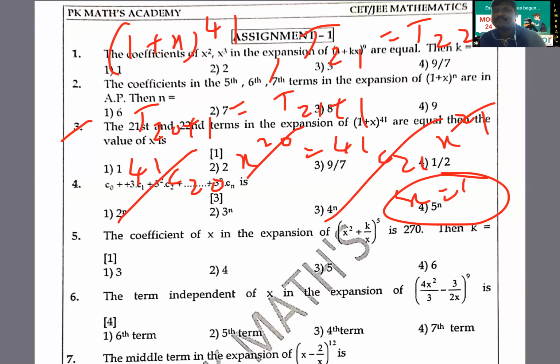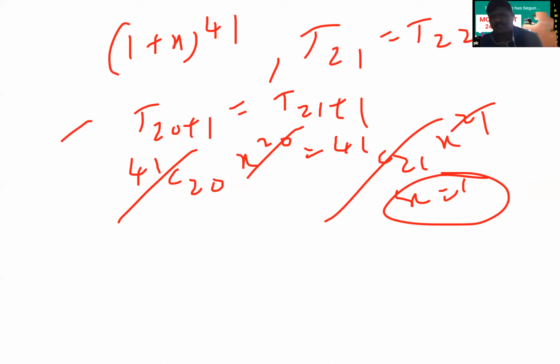Which option? First option. Correct? How did I cancel, why did I cancel, did you understand? In nCr equal to nC(n-r), 41C20 is the same as 41C21. Both get cancelled. x^20, x^21 cancel. x is equal to 1. Okay.